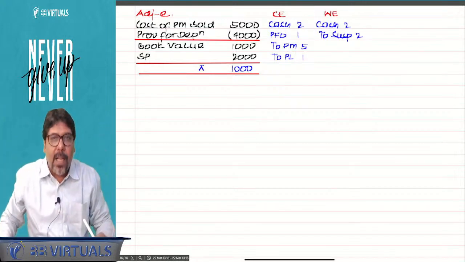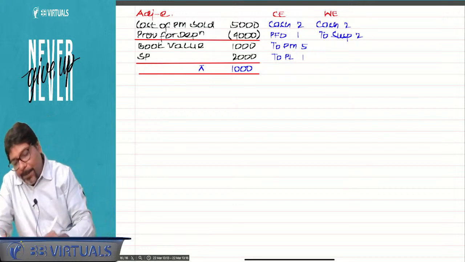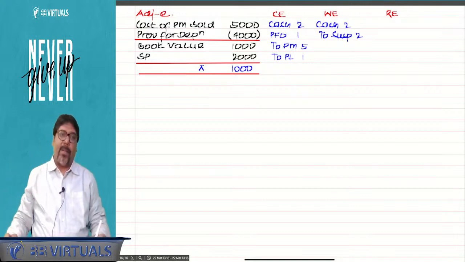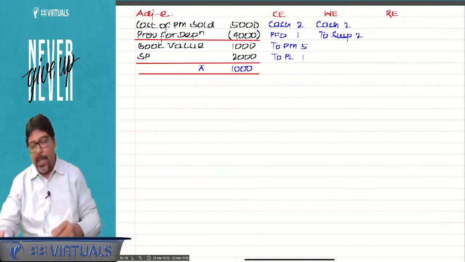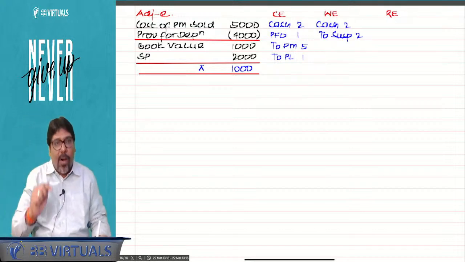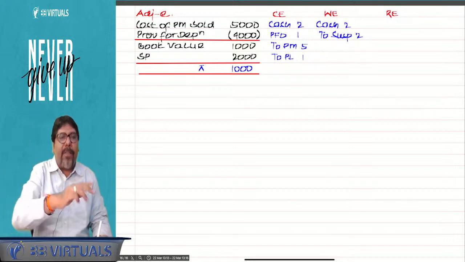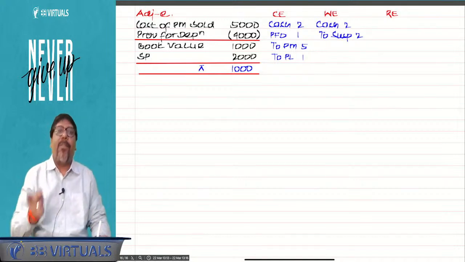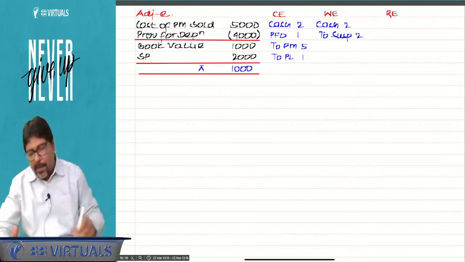Are you understanding? Now, what will be the rectified entry? Cash is correctly debited, no problem. Suspense is wrongly credited. Therefore, to rectify, debit suspense.